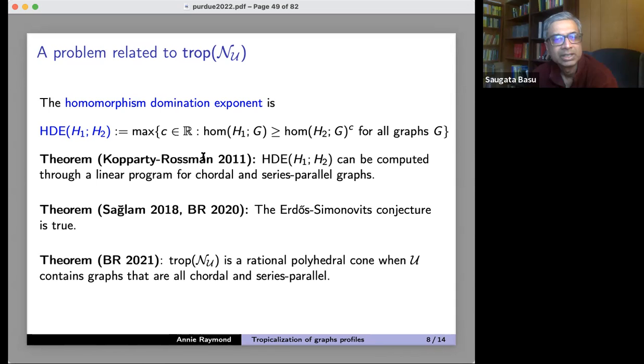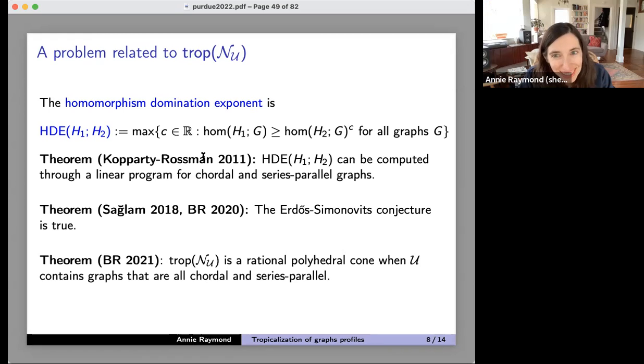Can I ask a question? In algebraic geometry, tropicalization, I guess, would always produce something polyhedral. But the fact that it's polyhedral in this case is nontrivial because the object, this set, is not an algebraic object. Yes, it is definitely not a trivial problem here.